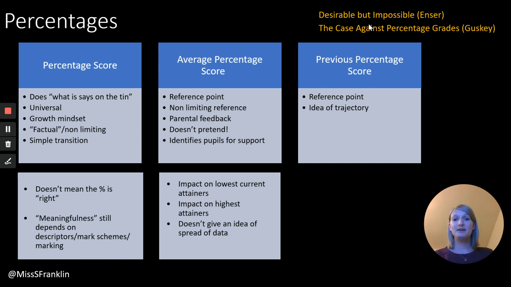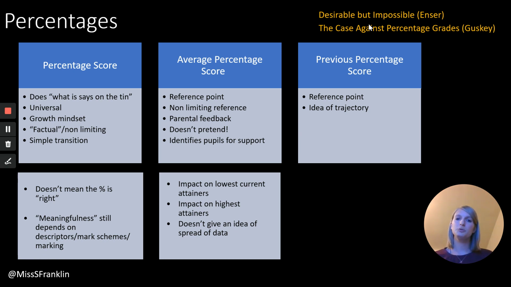Some concerns around the average percentage score is the impact both on the lowest current attainers and the highest. So the highest attainers, it can give a false sense of I've done it, I've met the reference point. So if the only reference point they have is the average, we've got to be cautious that they don't just think, great, I was better than that, so I don't need to work any harder.